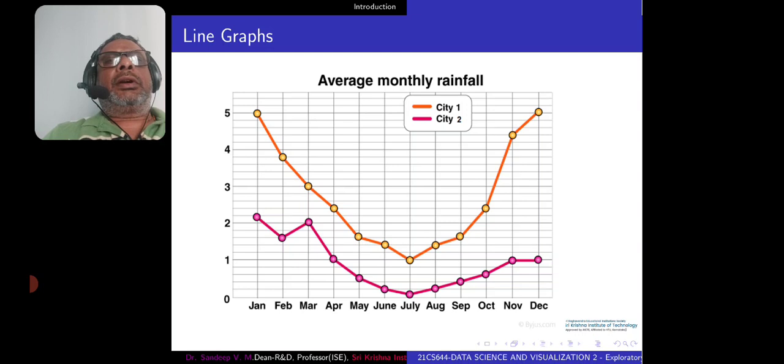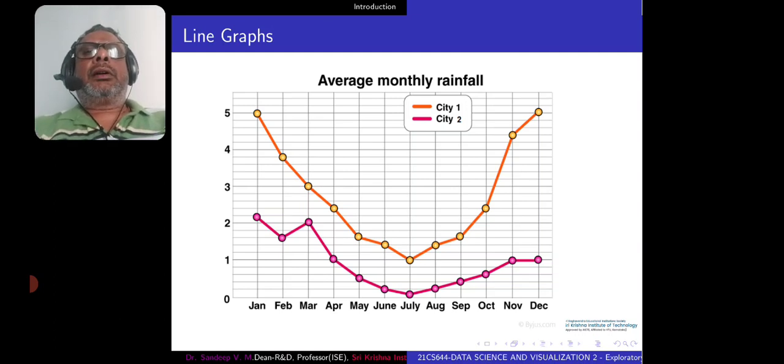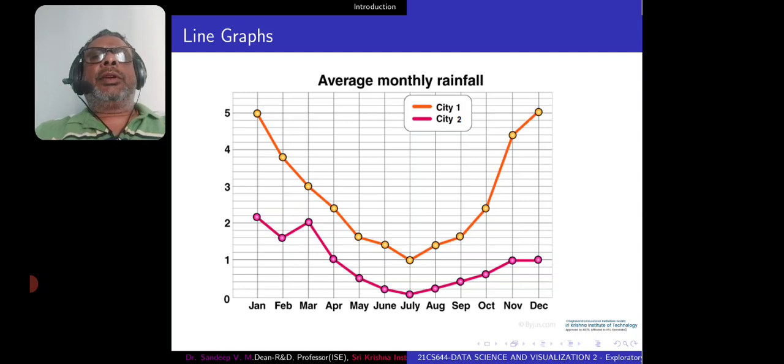It starts at a high level in January and monotonously reduces till July, and from July it starts increasing again. It's almost the same with city 2, but in February of city 2 there is a little disturbance. So the shape of them, you can clearly tell how they are changing. That makes it very easy to compare what is happening between the various data.